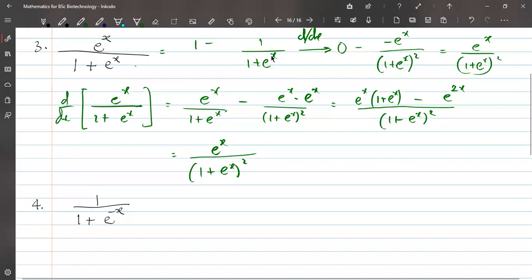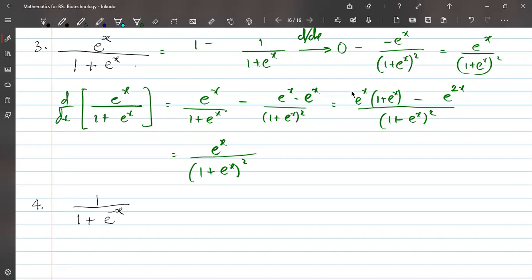So when you differentiate 1 by 1 plus e power minus x, you're almost doing the same thing as going from here to here, but you have an additional minus from e power minus x and one minus from differentiating the reciprocal. So those will cancel out, and you'll get e power minus x by 1 plus e power minus x the whole square.